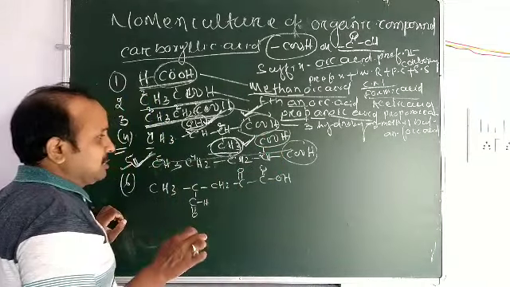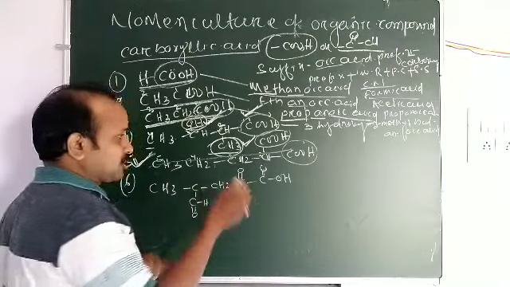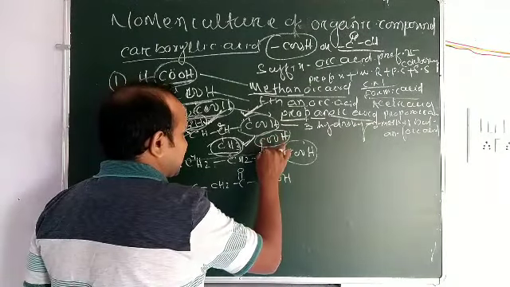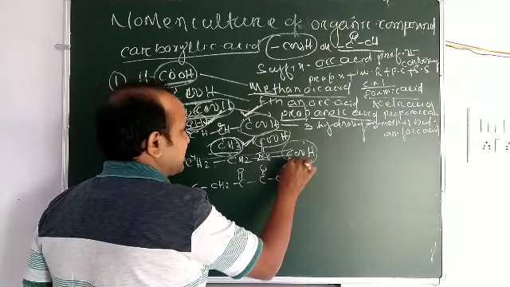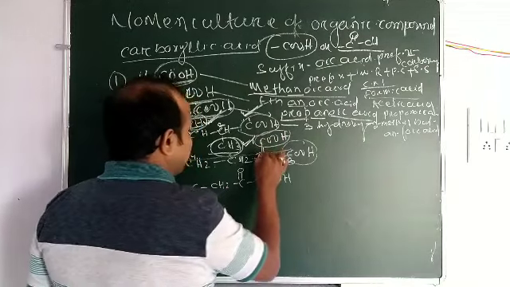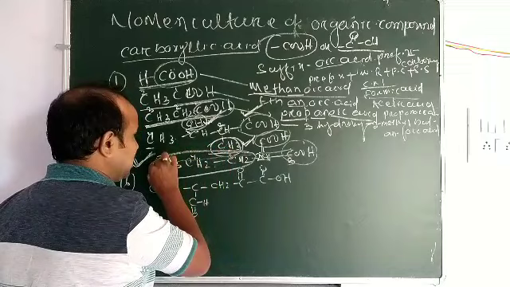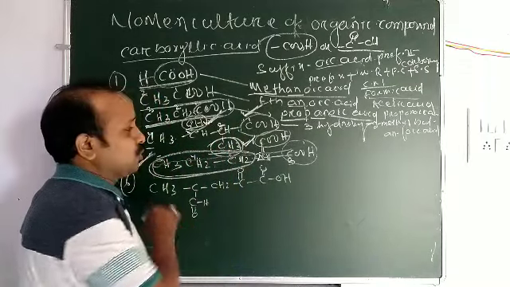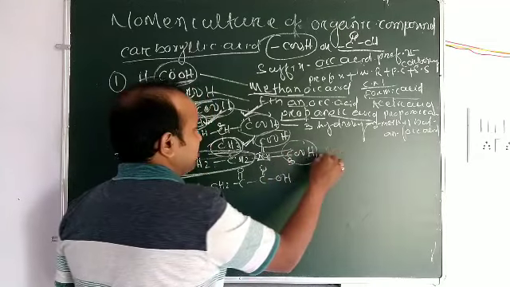You know that the functional group must always be included in the principal chain. So it starts from this side to this side, like 1, 2 and 3. This is the substituent group. So here 1, 2, 3 means prop.